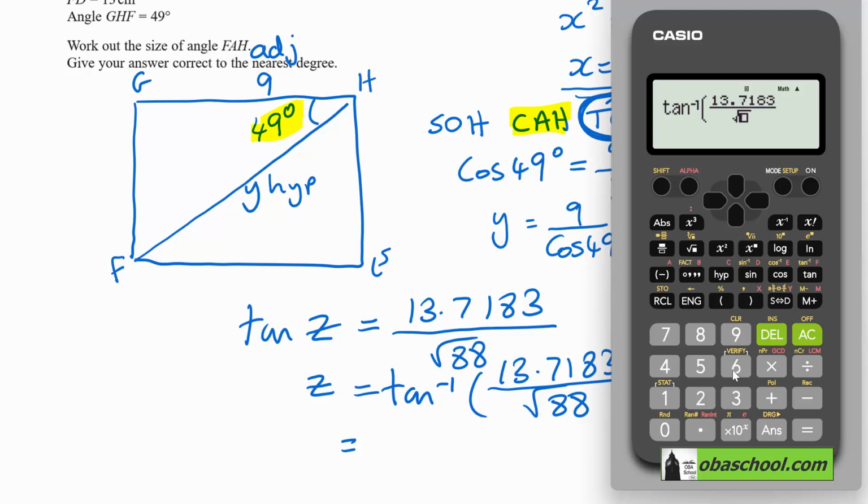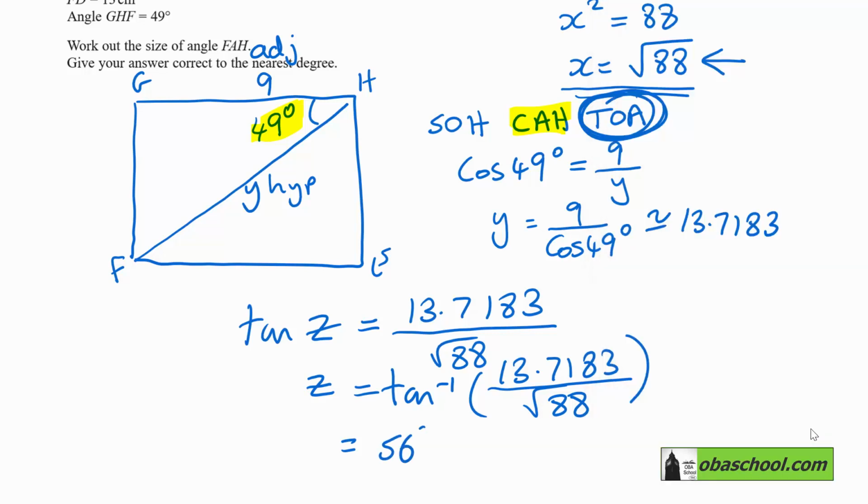We're dividing by the square root of 88. And calculating that gives us 55.63, so that's 56 degrees to the nearest degree.